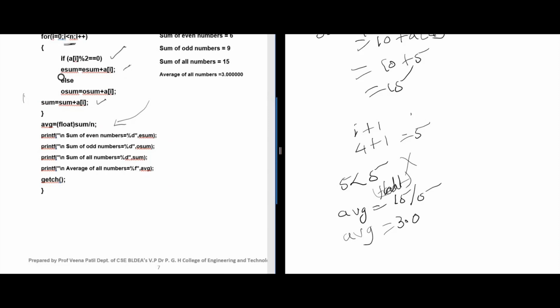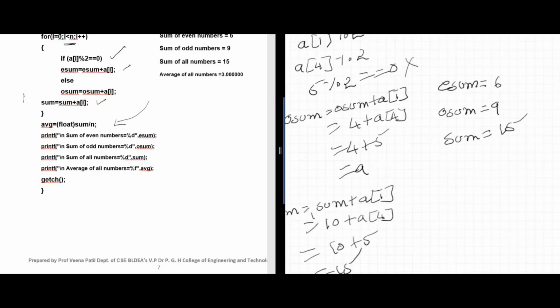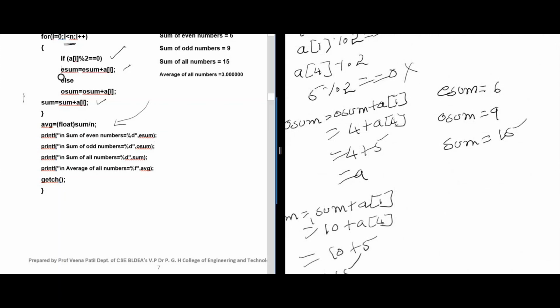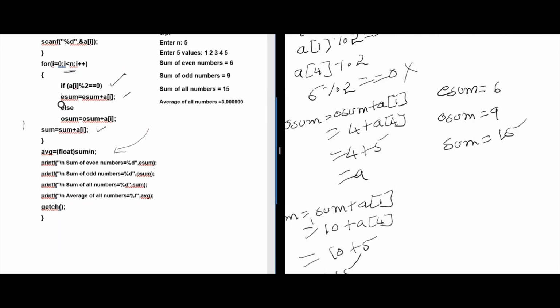Now once we have found all the values, the next work is to print. So printf sum of even numbers is equal to %d. In the place of %d, it has to print esum, which is 6. So you can see here sum of even numbers is equal to 6 is printed.